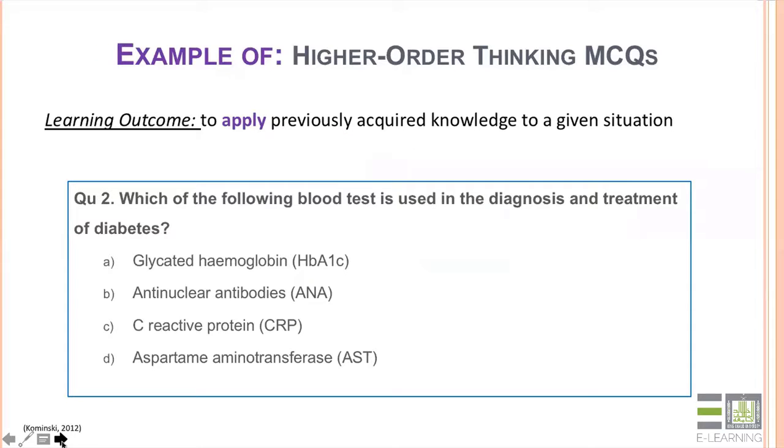A suitable question would be: which of the following blood tests is used in the diagnosis and treatment of diabetes? I appreciate I've started with "which of the following", but read in context, students should be able to answer based on the question itself. The student will need to apply their knowledge of diabetes, how it's diagnosed and treated, to select the correct answer from the list of alternatives.